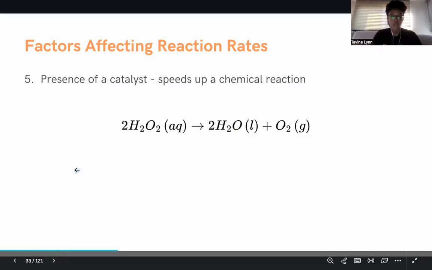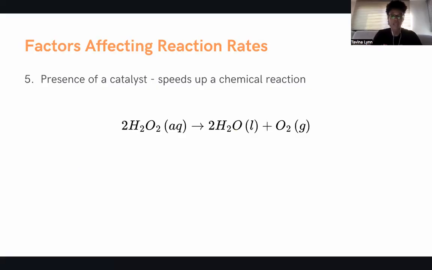So here's a quick example of a catalyst, which is really cool. Hydrogen peroxide decomposition has a slow reaction rate, just in terms of it decomposing on its own. But in the presence of a wound, if any of you have ever fallen and got a wound, and you or your parent put hydrogen peroxide on that wound, you see bubbles form, which is oxygen gas.